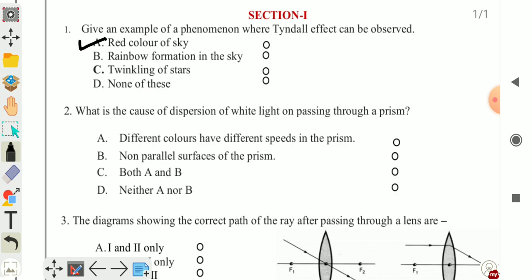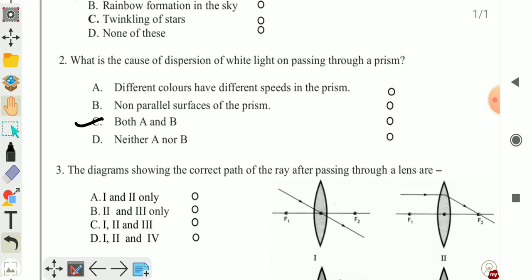C. Both A and B. And D. Neither A nor B. So correct answer will be both A and B. Different colors have different speed in prism. This is responsible for dispersion of light. Also, a particular design of prism is also responsible for dispersion of white light.